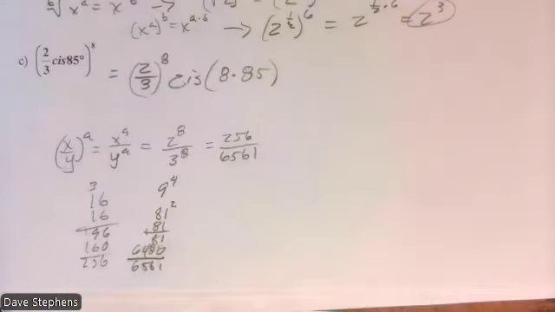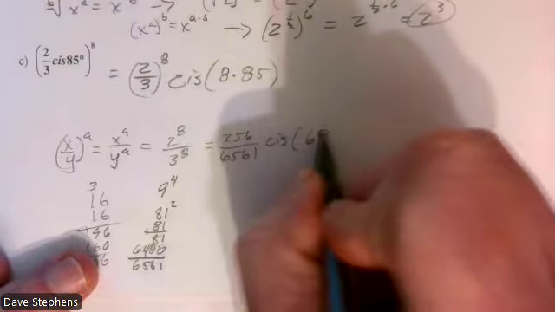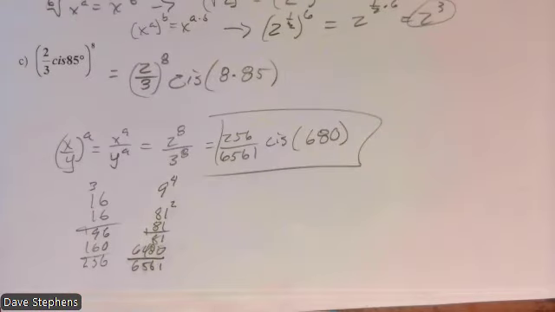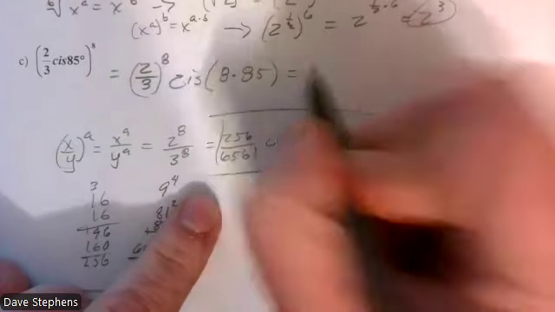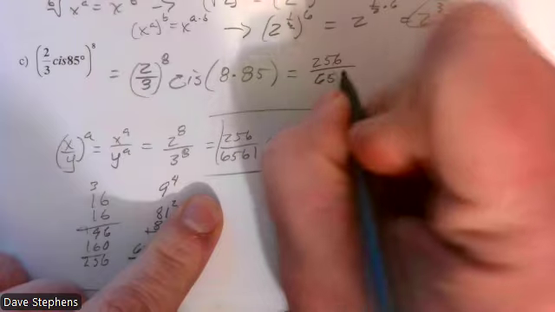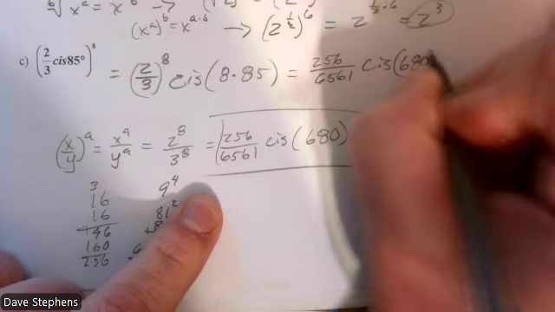All right, now 8 times 85, because I love that. We have 640 plus 40, so 680. cis 680. That was not fun. I didn't like it. Oh, no, that doesn't go there. It goes here. We have 256 over 6561 cis 680.